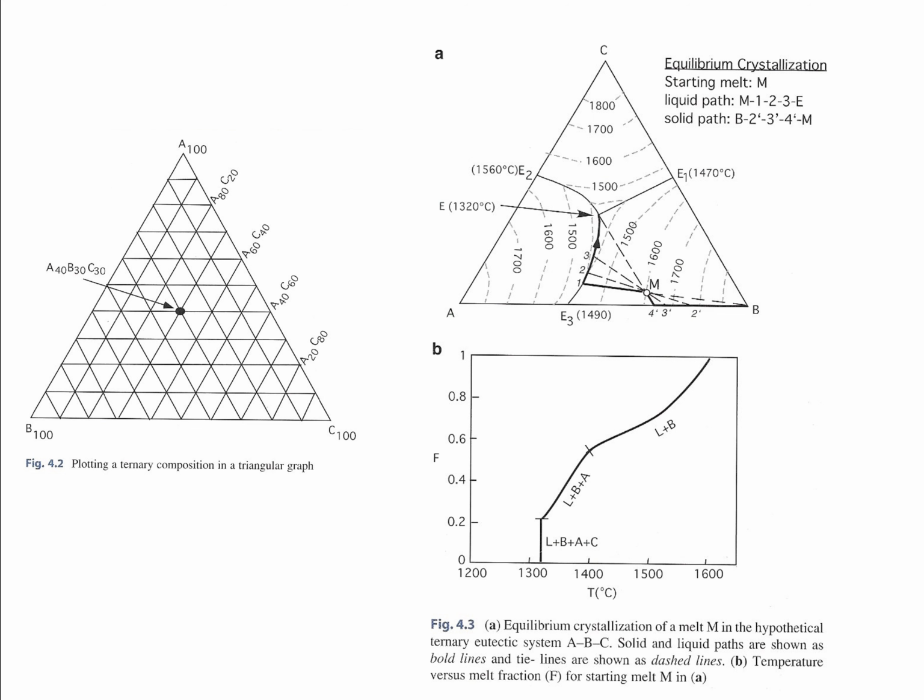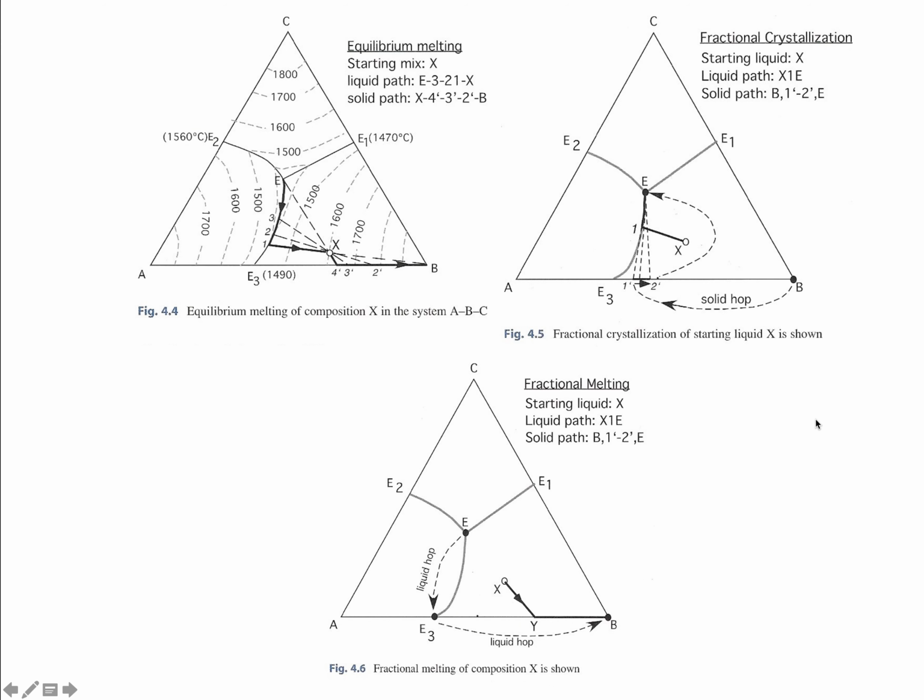If we are following this from our starting melt composition at M, yeah. So here we have now number A, we have equilibrium melting of a composition X in the system ABC, yeah.